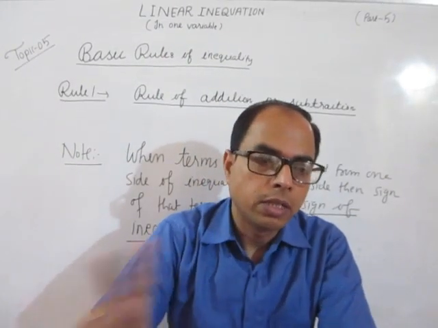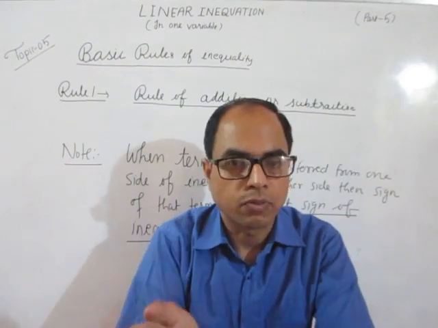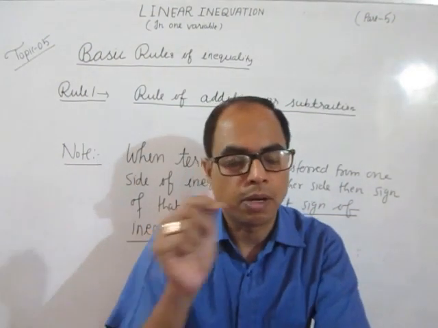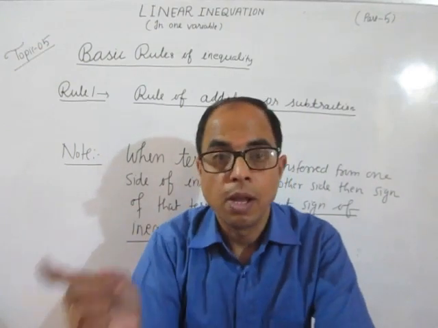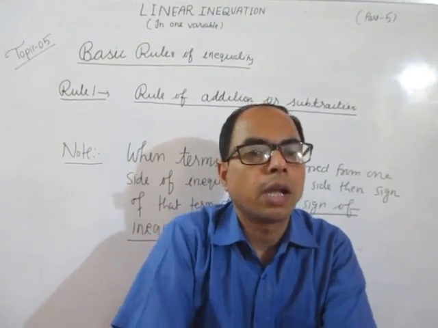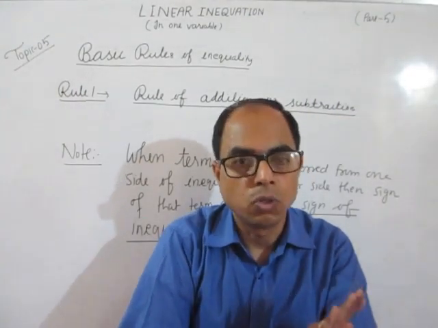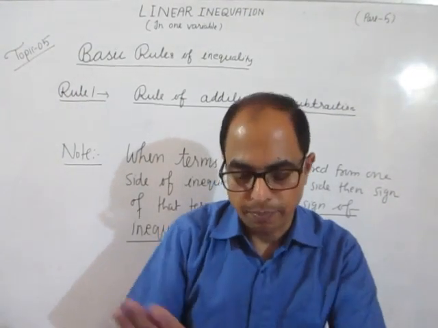Now change the sign of the term transferred. If a plus term is shifted to the other side, it becomes minus. If a minus term is shifted to the other side, it becomes plus. But don't change the sign of inequality. In this process, the sign of inequality does not change, it remains the same.